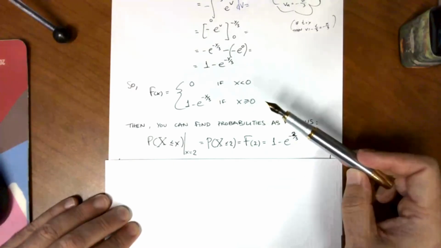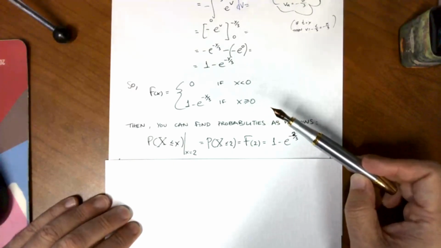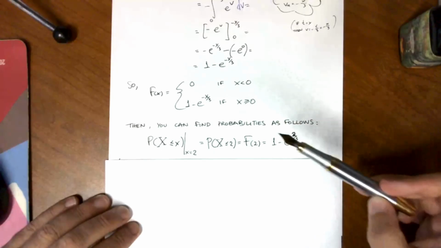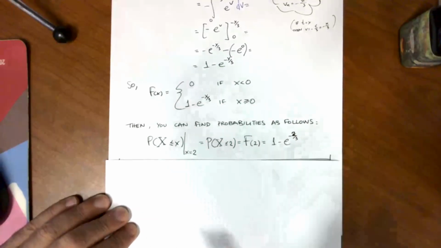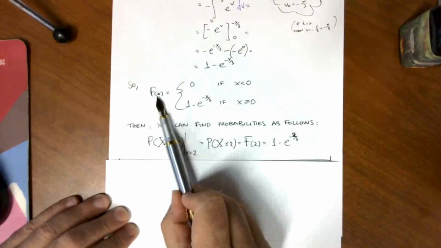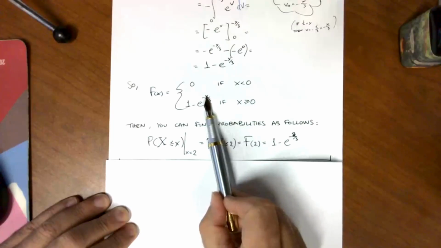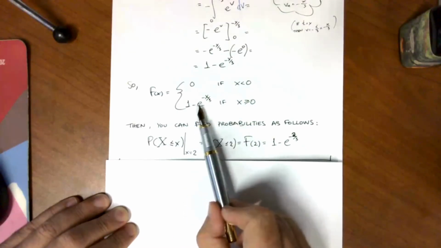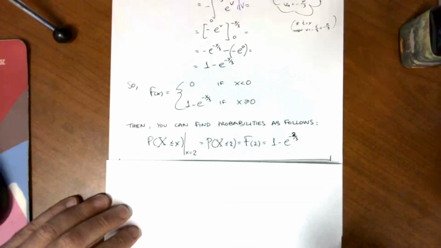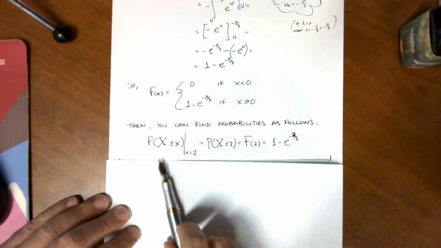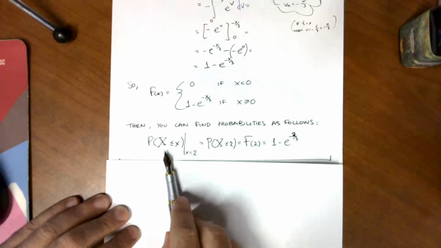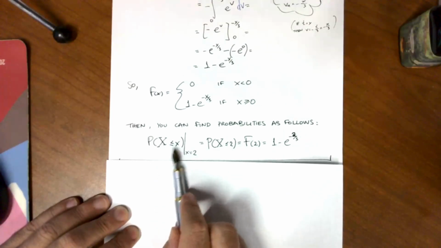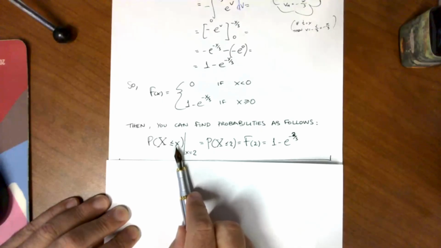How can you use this functional form to calculate probabilities? Well, you simply substitute or pick a value of x in this functional form. You substitute it in here, and you make the calculation, and you derive the relevant probability. So for example, what is the probability that your random variable x is less or equal than lowercase x?